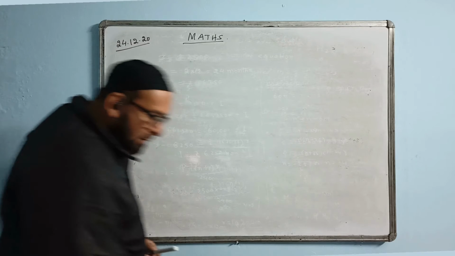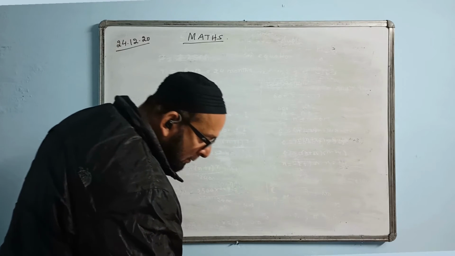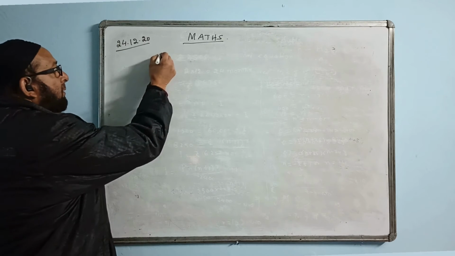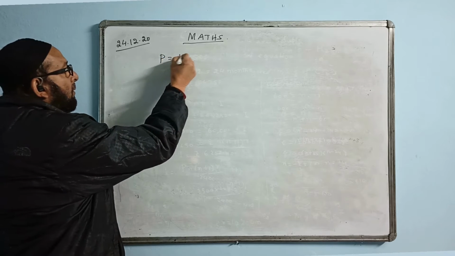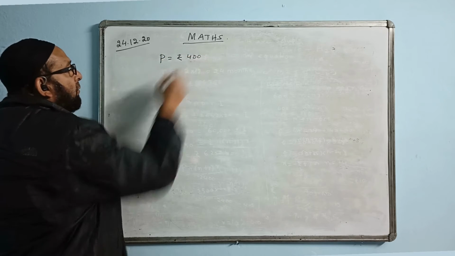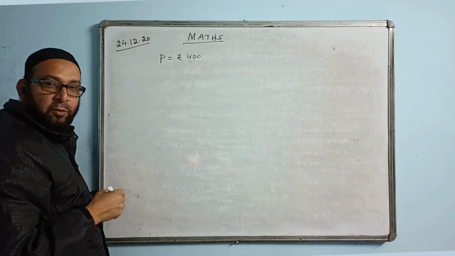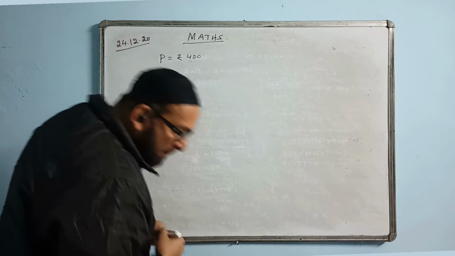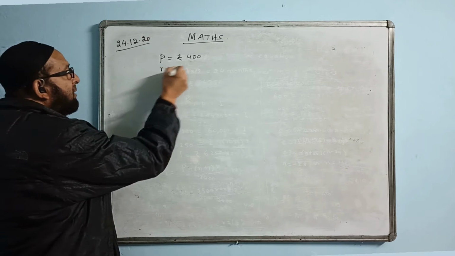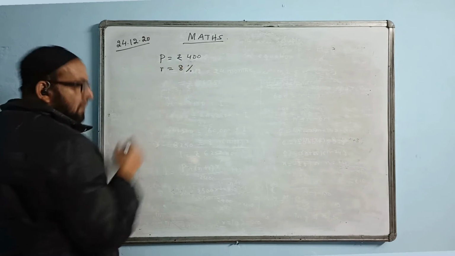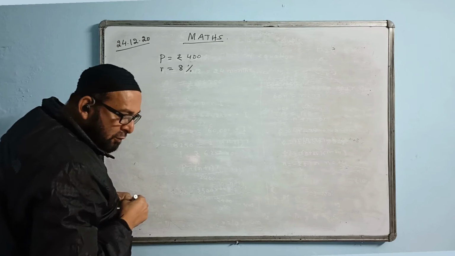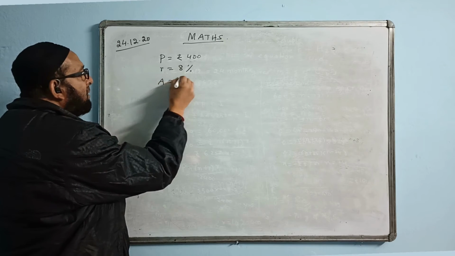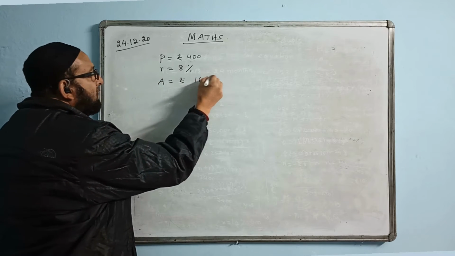Okay. Let us take the question. Monthly installment 400. P is equal to rupees 400, you write. Interest is 8%. Rate of interest, right? Rate is equal to 8%. Amount of maturity A is rupees 16,176.